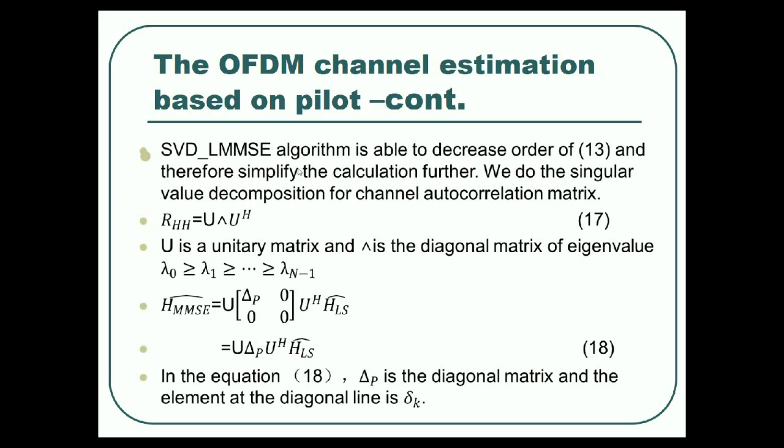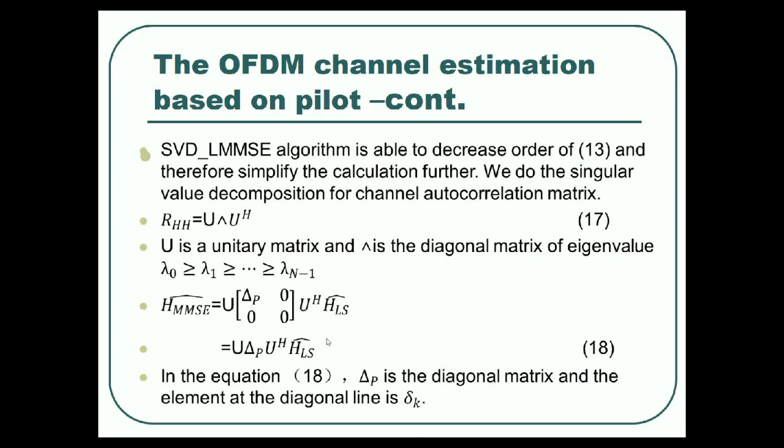Therefore, simplifying the calculation further, we do the singular value decomposition for the channel autocorrelation matrix. It is shown in equation 17, where U is the unitary matrix and lambda is the diagonal matrix of eigenvalues, where lambda sub 0 is larger than or equal to lambda sub 1, and so on.